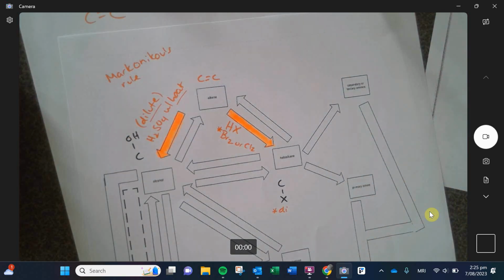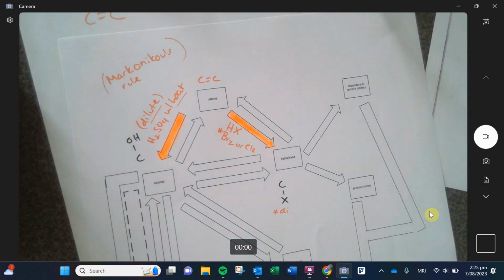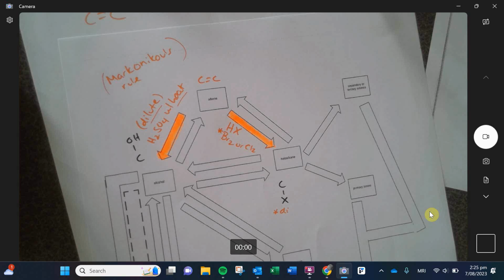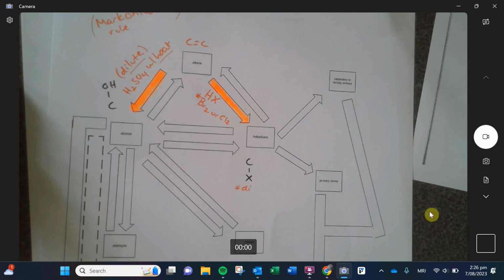It's a potential thing that you might need to think about. Markovnikov's rule. If you're not sure what to do with Markovnikov's rule, there are some pages in the SciPad you can do, and I have noted them on Google Classroom, I believe. Right, we okay with that so far?